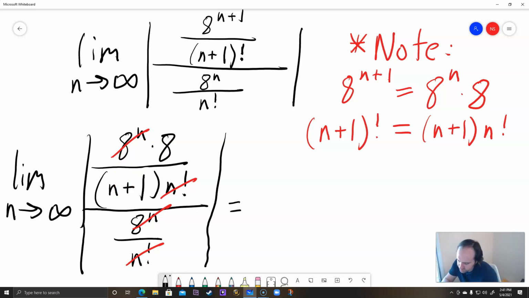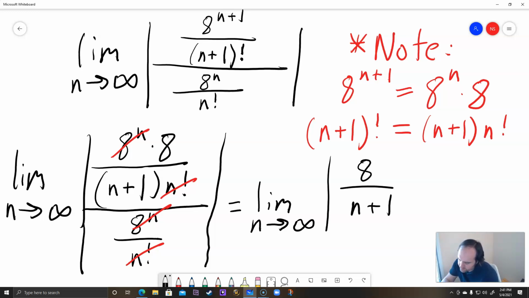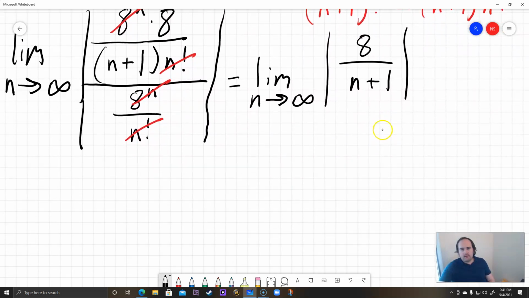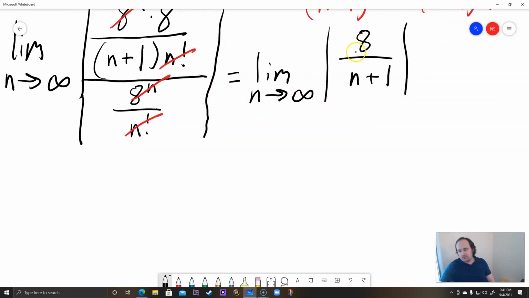Okay, so here we just have the limit as n goes to infinity of 8 over n plus 1 with an absolute value around it. Okay, and then to find this limit, remember that if you have a limit like this, you can divide the top and the bottom by the highest power in the denominator.